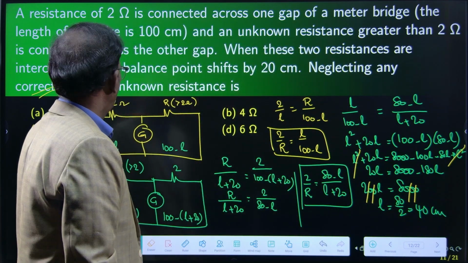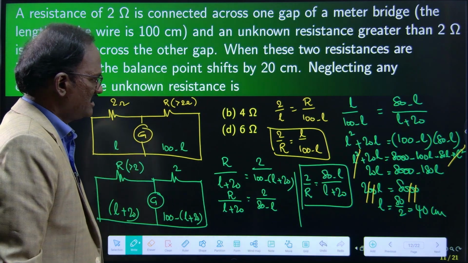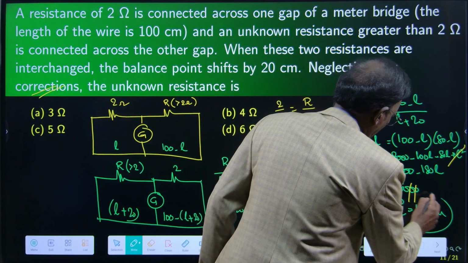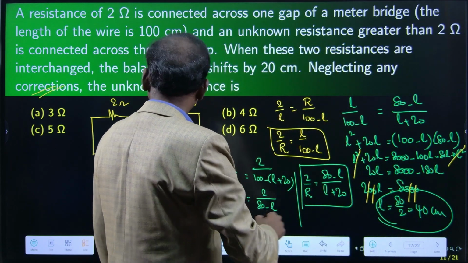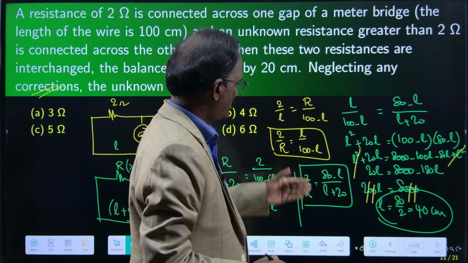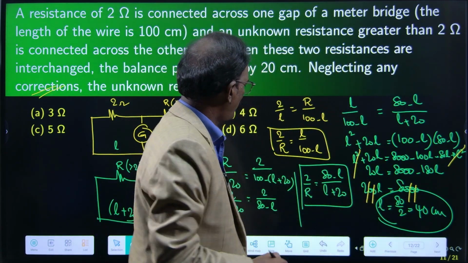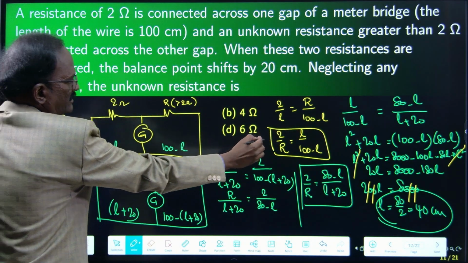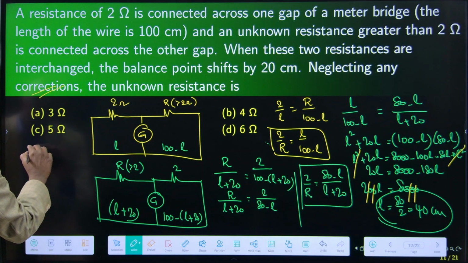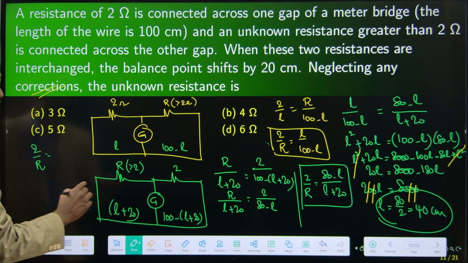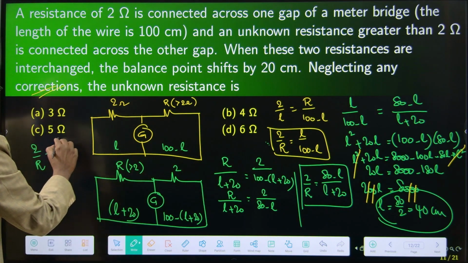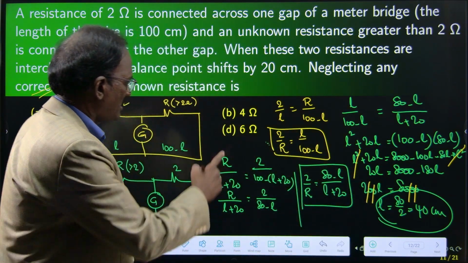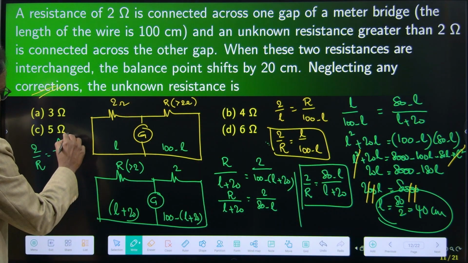But the question is, the unknown value, R value is what? L is equal to 40 centimeter, but any one of the equations we can put here. This equation we will put. 2 by R is equal to, L is equal to 40, so 100 minus 40 is 60.